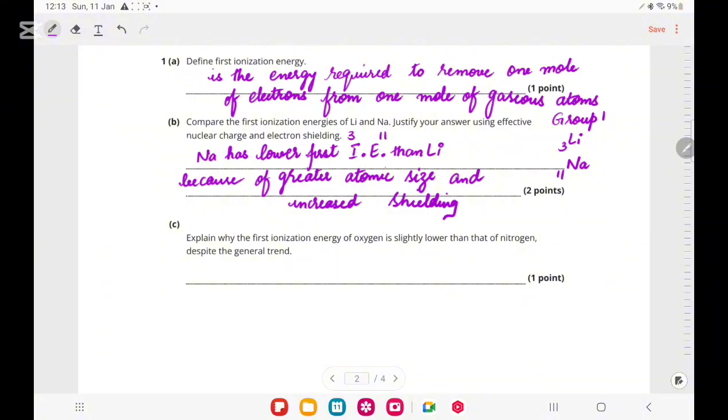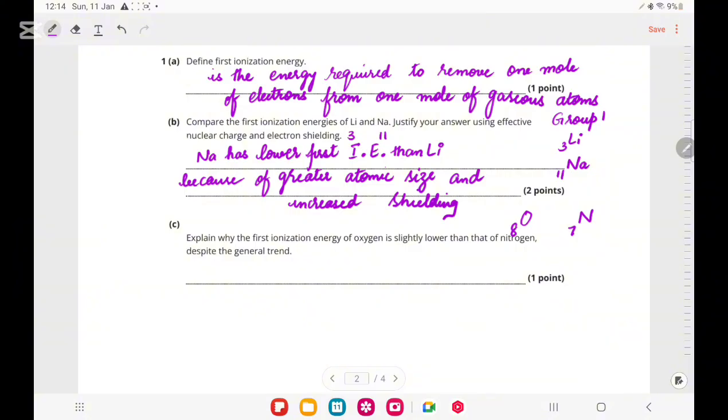Explain why the first ionization energy of oxygen is slightly lower than that of nitrogen despite the trend. Oxygen is O 8 and nitrogen is N 7. Although because of greater nuclear charge the ionization energy of oxygen should be greater, in fact it is lower.